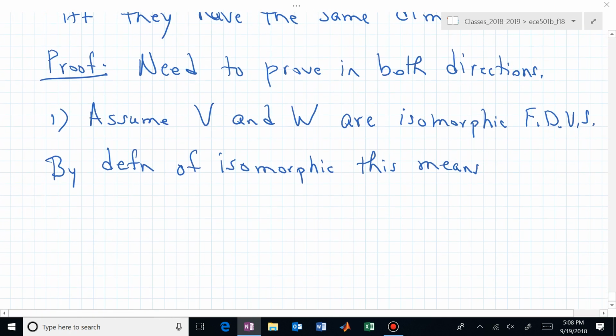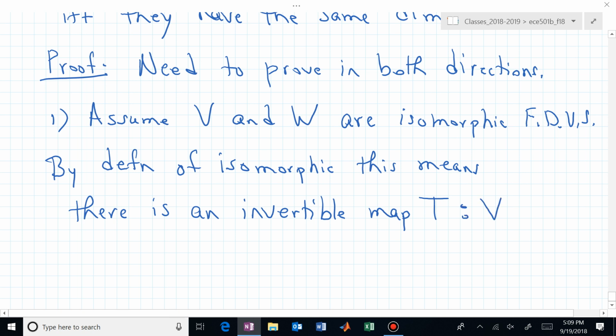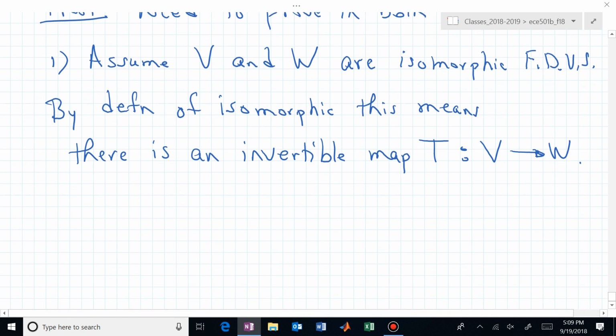So now if we have two finite dimensional vector spaces that are isomorphic, by definition of isomorphic, this means there is an invertible map T that goes from V to W. And what do we know now about an invertible map?